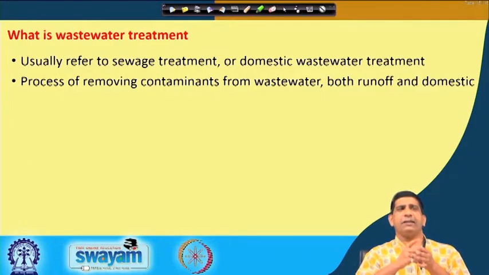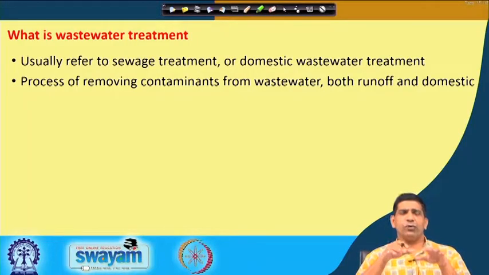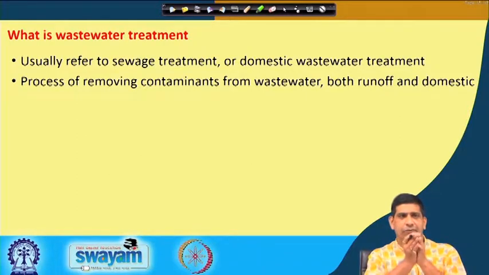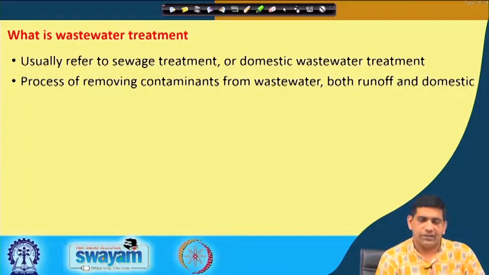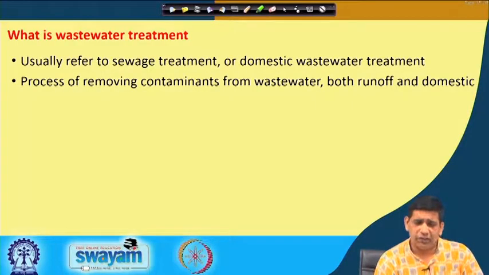The next step after we have understood the wastewater: first, we looked at how to collect it and bring it to the treatment plant. Second, we looked at how to understand the wastewater characteristics in terms of BOD and other numbers. Now, in third, we will get into what wastewater treatment is and how to treat the wastewater. It's usually also called sewage treatment or domestic wastewater treatment.